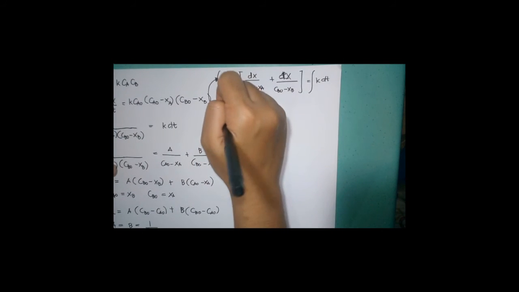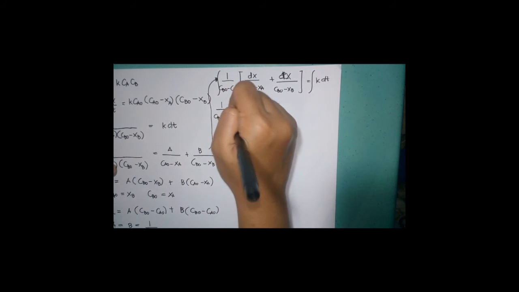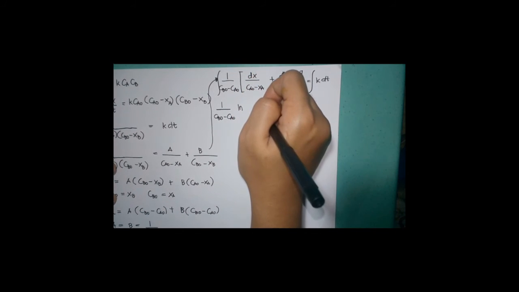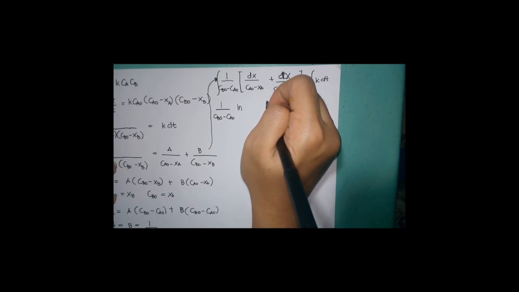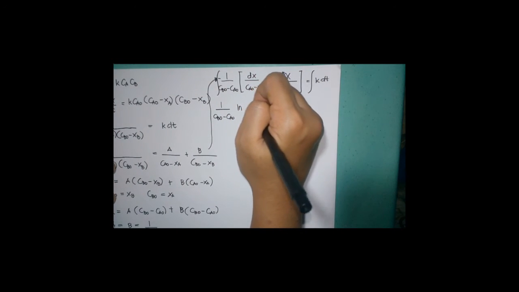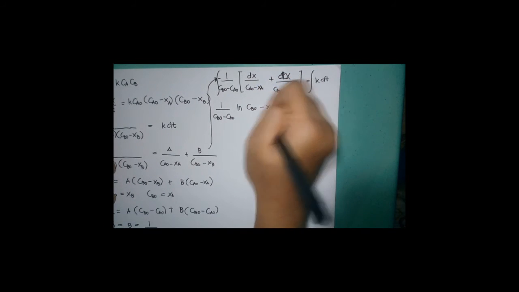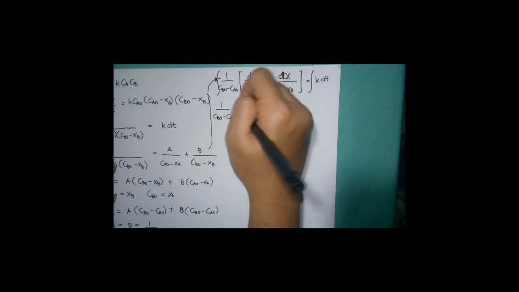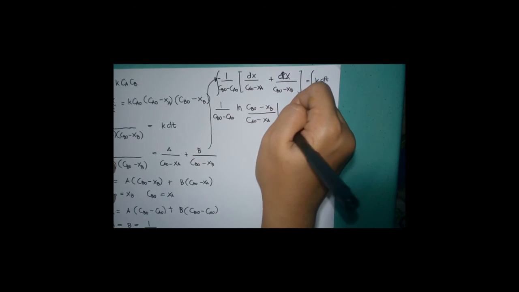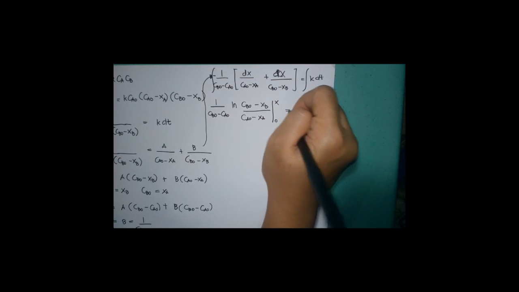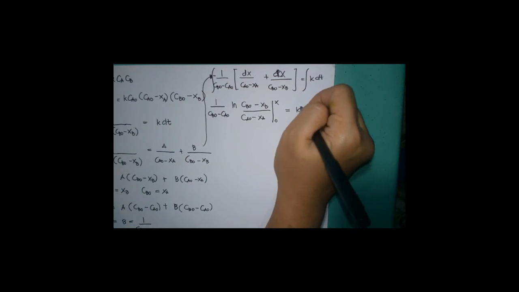Integration of this will have 1 over (CBO minus CAO) ln of (CBO minus XB) all over (CAO minus XA), integrated from 0 to X, equals KT.